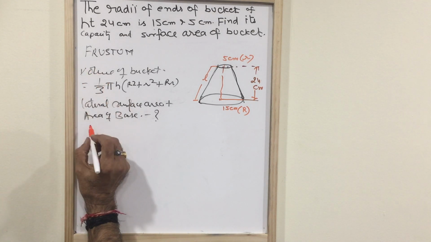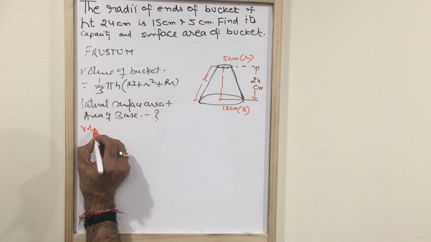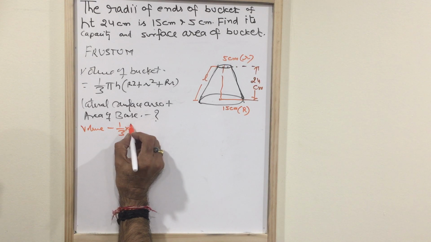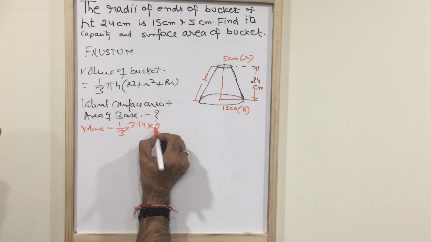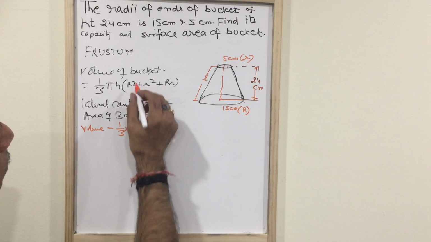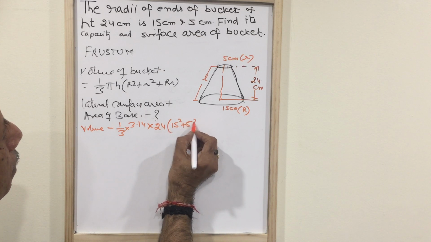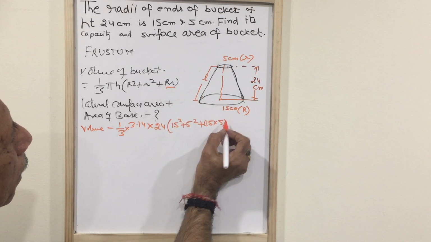So let's see how to find it. Now we'll substitute the values in this equation. The volume is equal to 1 by 3 pi, that is 3.14, multiplied by height 24, multiplied by R square plus r square plus Rr, that is 15 square plus 5 square plus 15 multiplied by 5.